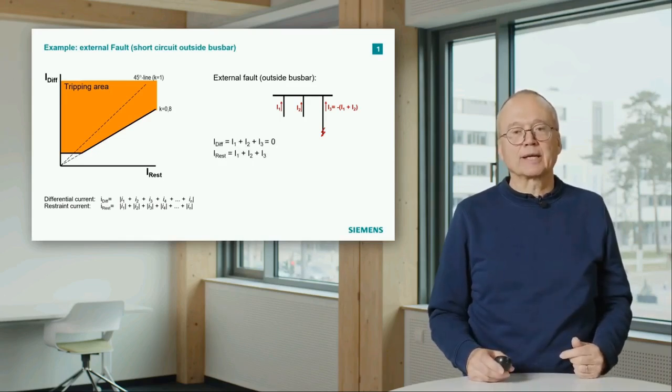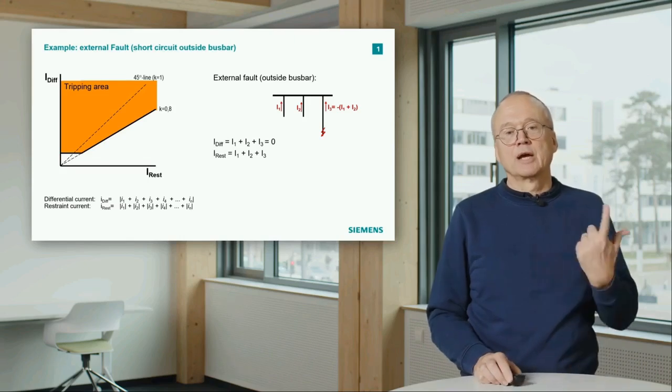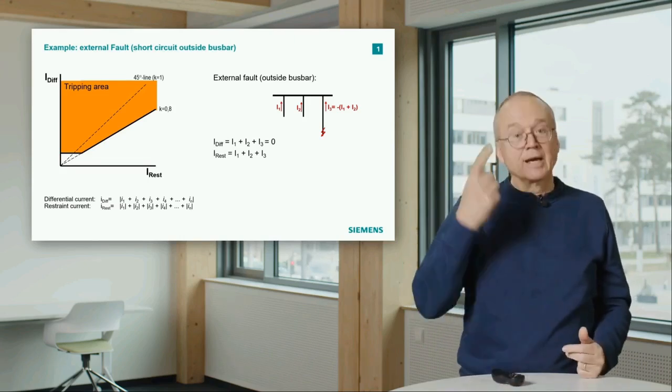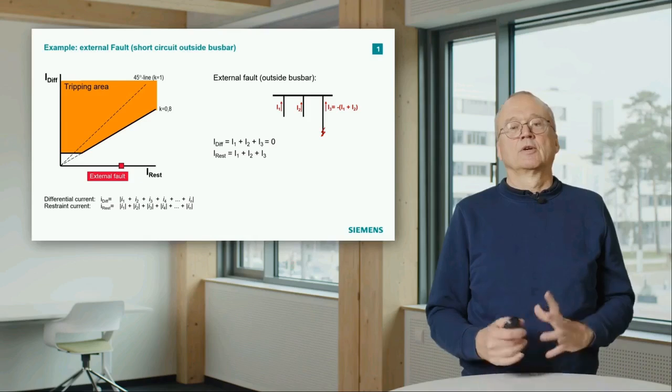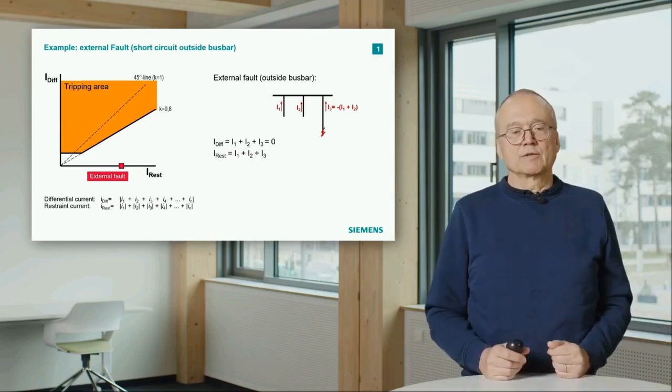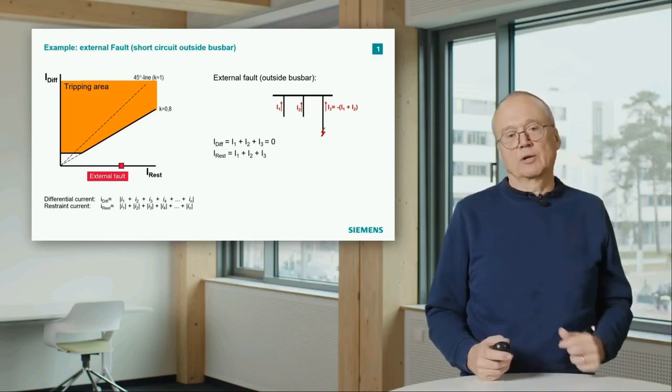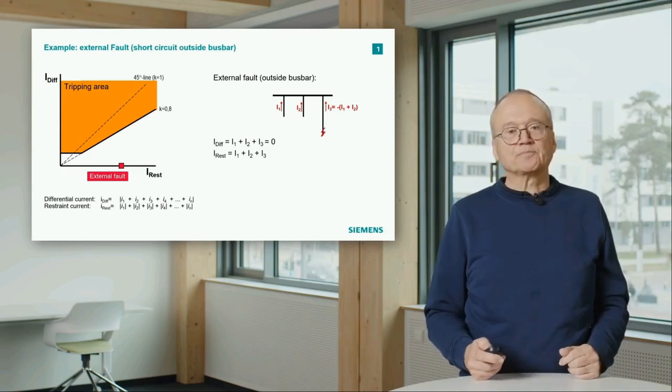If we calculate the differential current, I1 plus I2 plus I3, I3 is minus (I1 plus I2), so the result is 0. That means the differential current is 0. The restraint current is |I1| plus |I2| plus |I3|. That means our operating point is somewhere there on the horizontal axis. Easy, no trip. We are clear outside the tripping area.